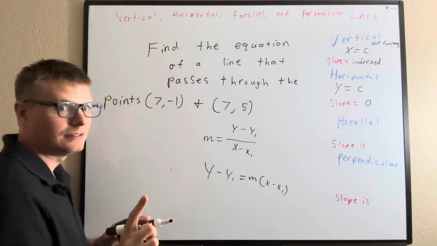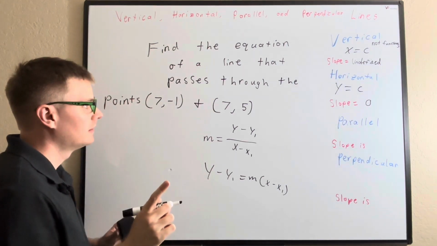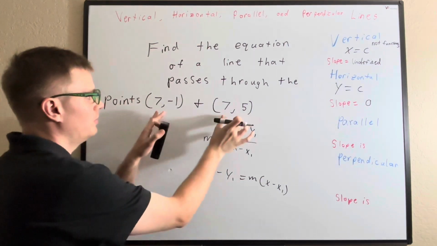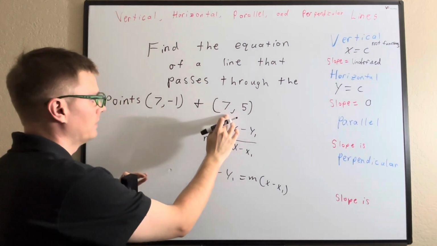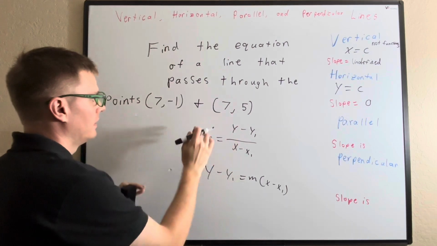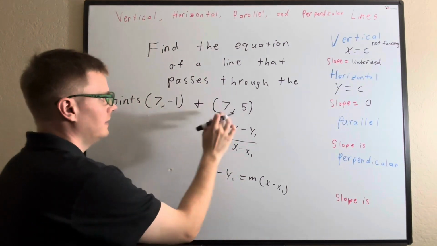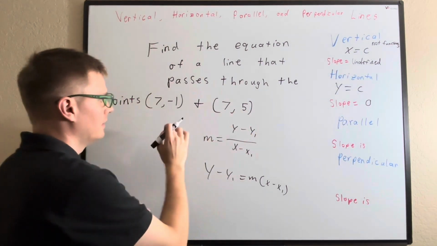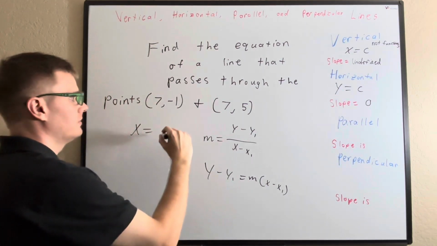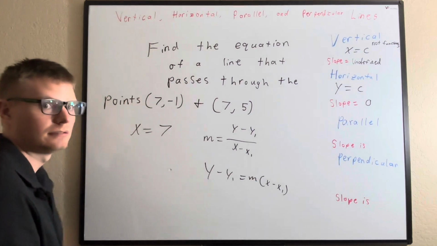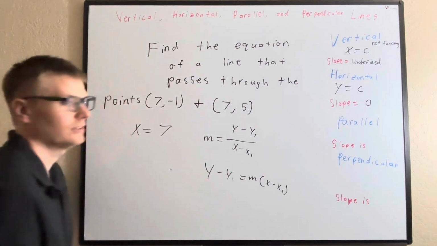Whoa, wait a minute. Think about it. Look at those 2 points. X is 7 in both of them. If you're putting in the same input twice and you're getting different outputs, then that is a vertical line, x equals 7. Same goes for horizontal lines.